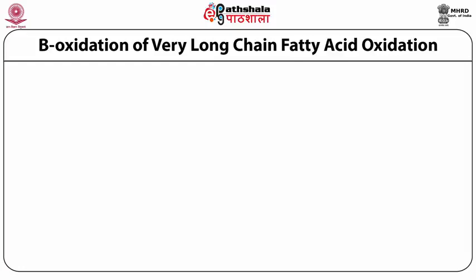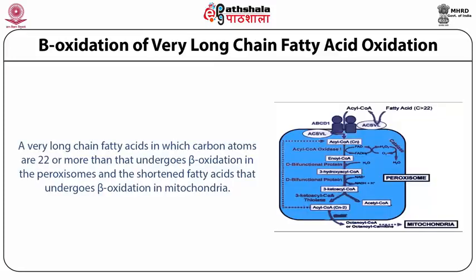The defects associated with the beta oxidation of very long chain fatty acids. A very long chain fatty acid, in which carbon atoms are 22 or more, undergoes beta oxidation in the peroxisomes, and the short-chain fatty acids undergo beta oxidation in the mitochondria.